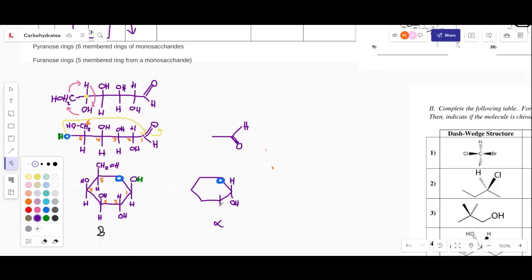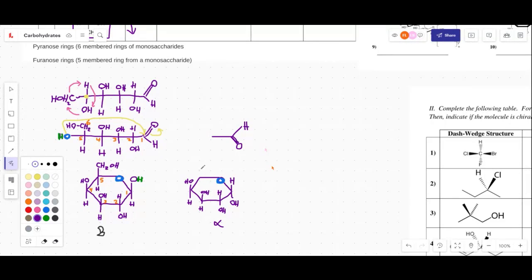And of course, the rest of this is quite the same as well. I still have the OH on the bottom for carbon number 2, and an H on top. Carbon number 3, OH is up, H is down. Carbon number 4, OH is up, H is down.